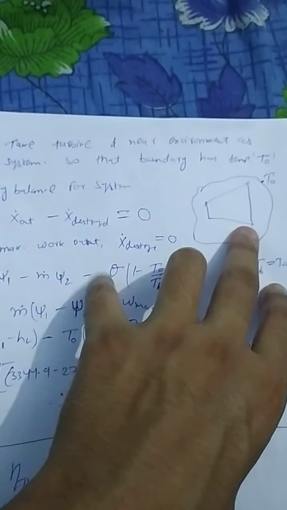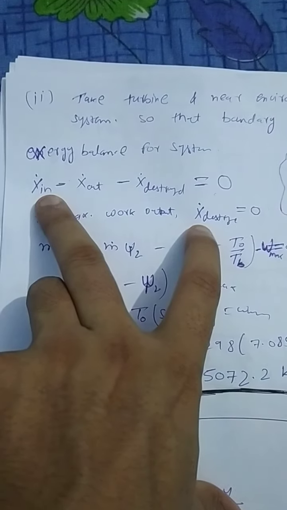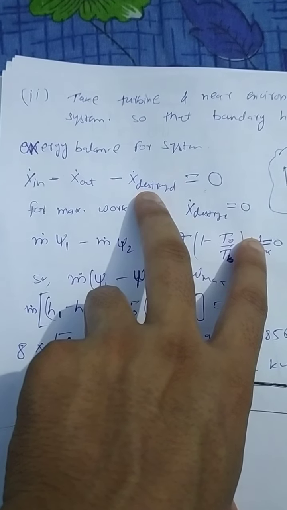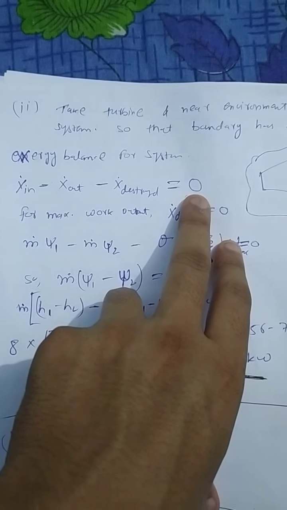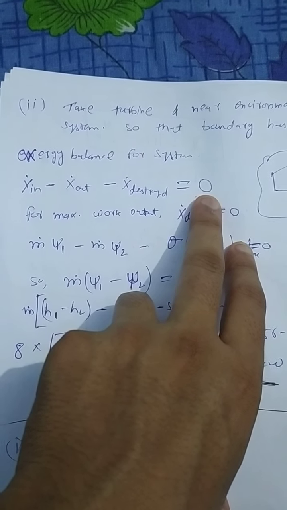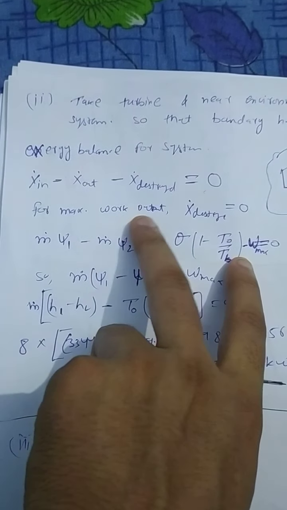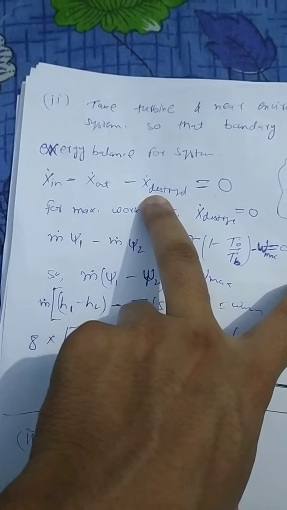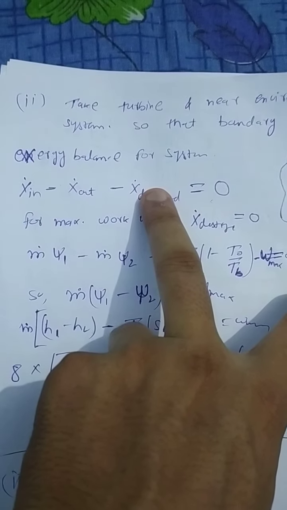Let's do the exergy balance. Exergy in minus exergy out minus exergy destroyed should be 0, because all the flows are steady flow. For maximum possible work output, exergy destroyed must be 0.